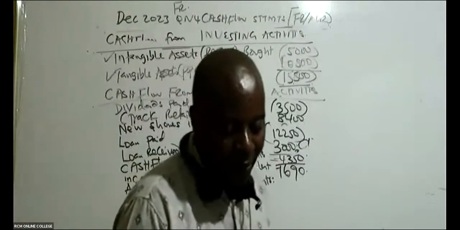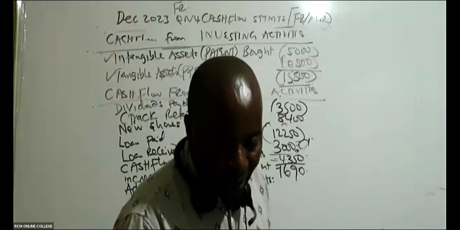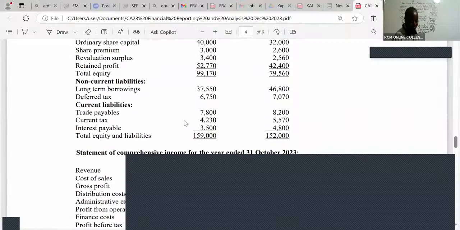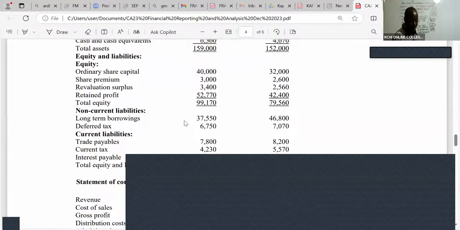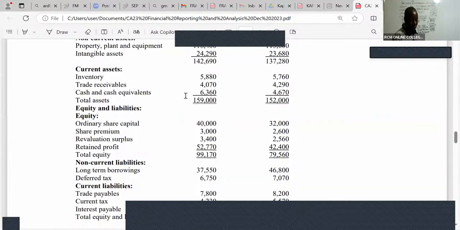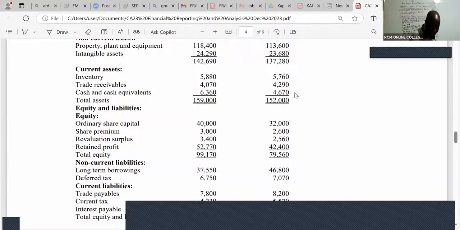Go to your balance sheet. So in your balance sheet, what are you able to see, ladies and gentlemen, as your cash? You can see cash and cash equivalents brought forward, it is 4670.